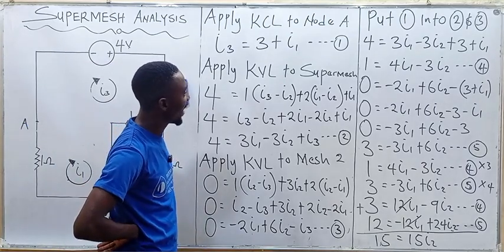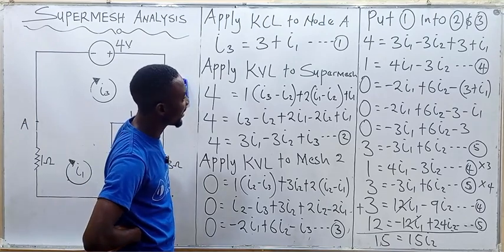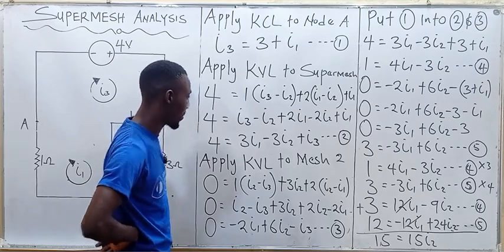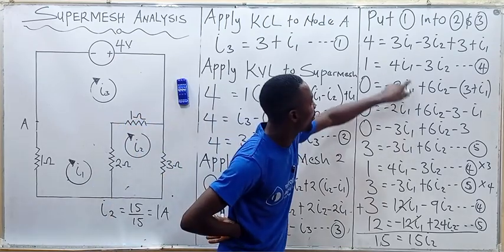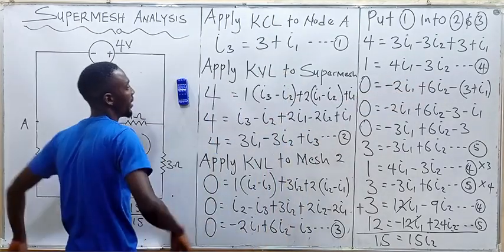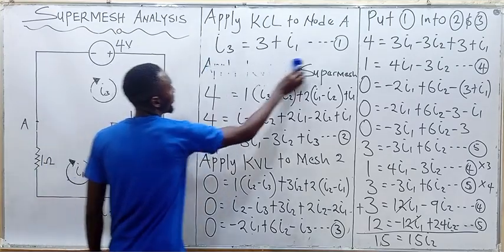So let's get I1. Which equation will be very easy for us to get I1? Let's use equation number 4 since we know the value of I2.